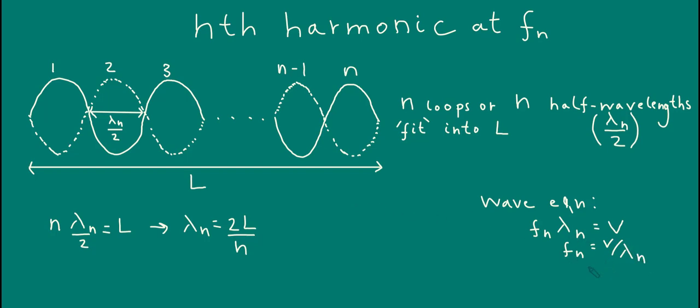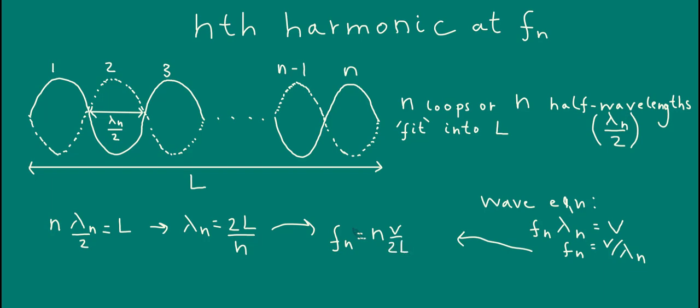Now if we combine this with what we've got written over here, we can put these two things together and we find that fn, the frequency of the nth harmonic, is equal to n times v, the wave speed, over 2L.